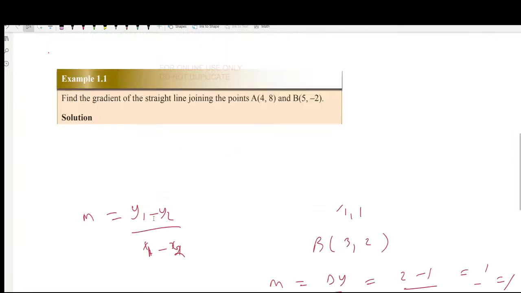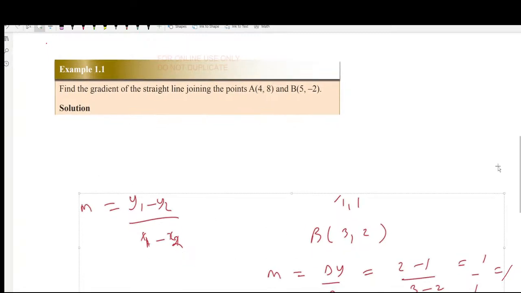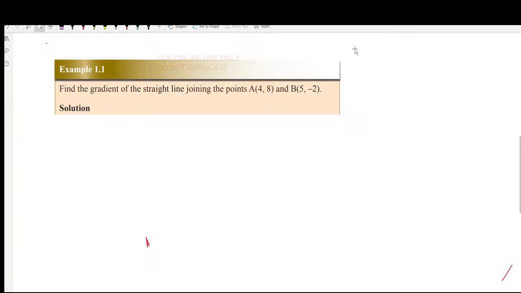With this example here, dear students: find the gradient of the straight line joining points A and B. So you can just consider point A 4,8, and point B, which is 5, -2. You can consider this to be x1, y1, and this is x2, y2.